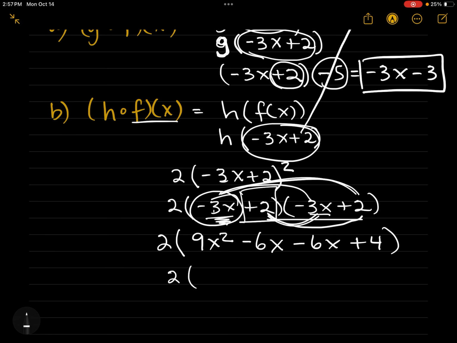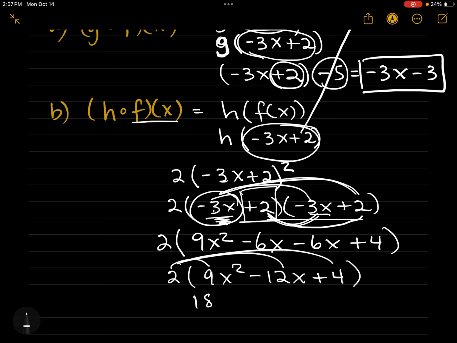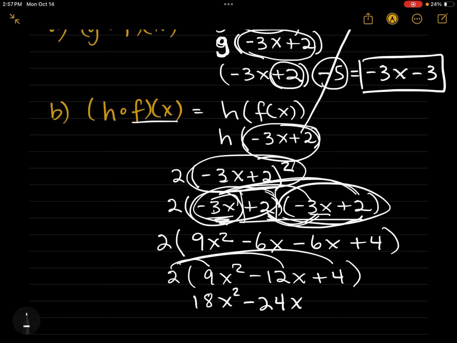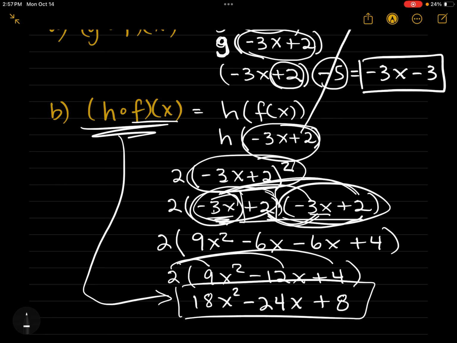I'm going to combine like terms. And now I'm going to distribute the 2 to all 3 parts. In another lesson, I'll review how to distribute when you have that square and you end up with 2 binomials. We'll review that a little more. Let's finish this one. Okay, so this equals this.